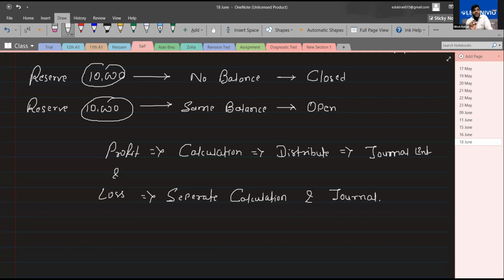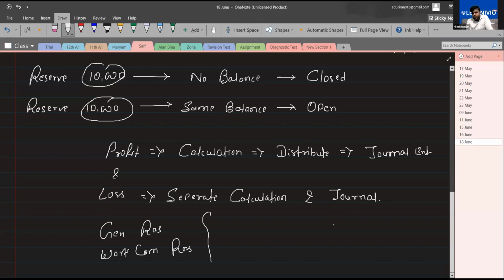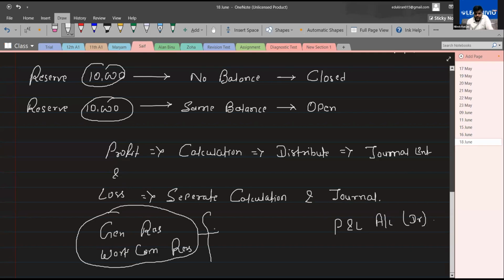Let's say in the question, two types of profit are given, two reserves you can say. One is general reserve and one is workman compensation reserve. So there are two reserves and there is one loss, a profit and loss account debit balance. So we will add these two reserves together, distribute them, and pass a journal entry for these two together.